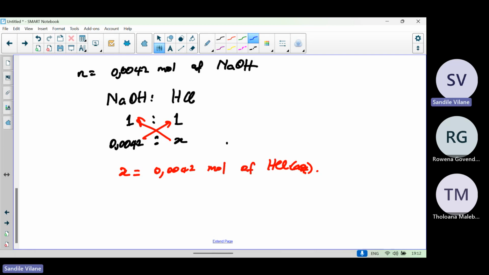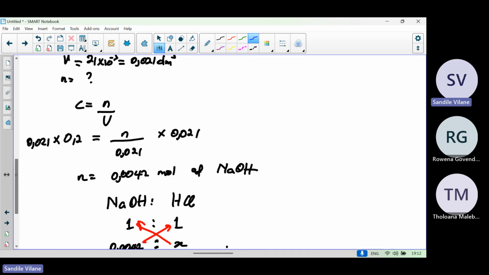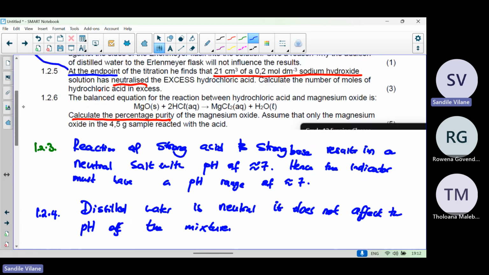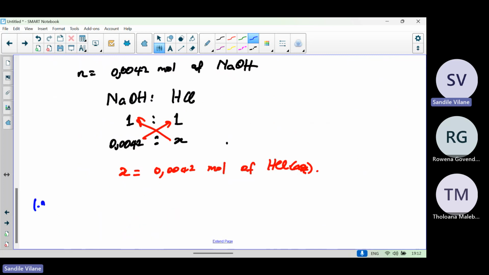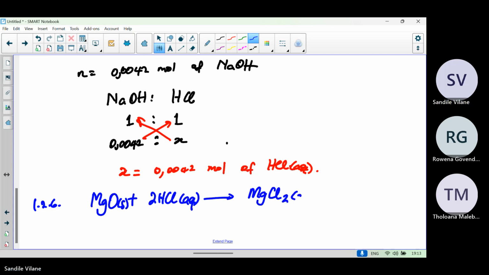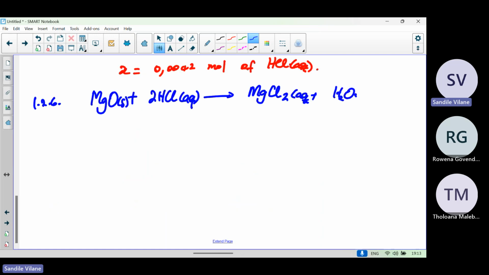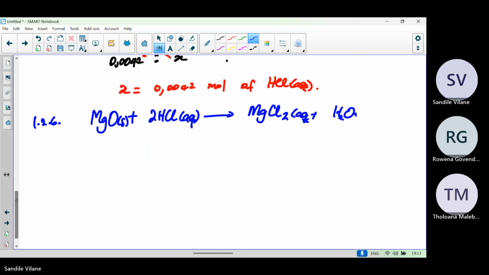Let us repeat that again. The balanced equation tells me about the reacted moles. So I'm looking at my hydrochloric acid, and then I'm looking at this reaction, magnesium chloride as well as water. So we are looking at this reaction, guys.